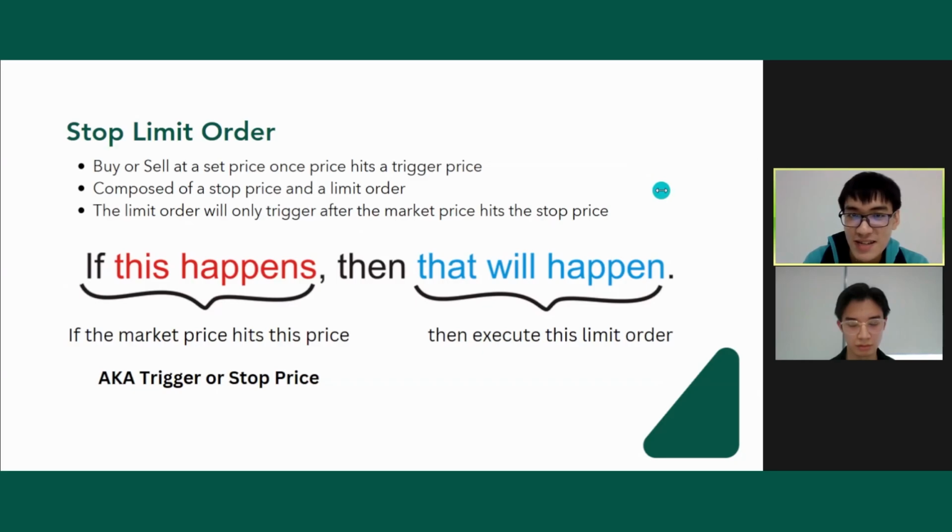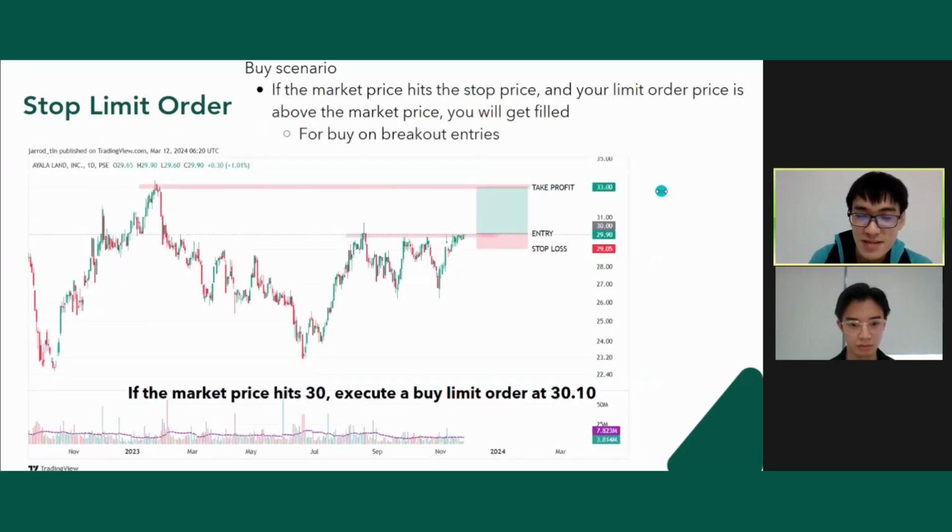So let's give an example naman. This is a stop limit order for a breakout scenario. So let's say may resistance ka dito at 30 pesos. So psychological resistance level. Let's say you want to buy at 30, pero price is not yet at 30, 'di ba? But you don't want to buy it prematurely. You want to buy it at the break of 30 talaga.